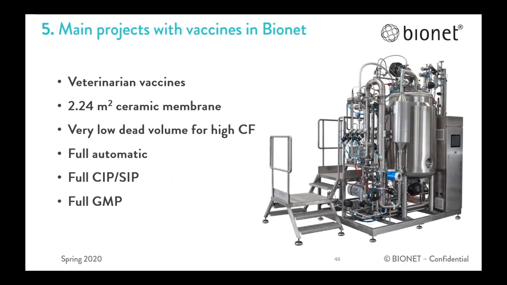Concentration was done with more than 2 square meters of ceramic membranes. The plant was completely automatic, not only for operation but also for SIP and CIP sequences. I want to mention that the design was made to keep a sterile filtration, not only in the recirculation tank, but also in the membranes.